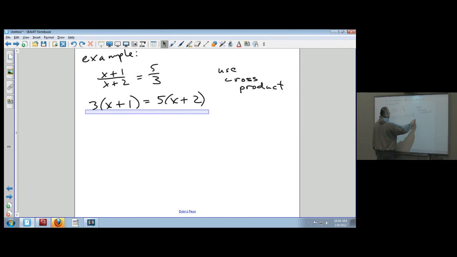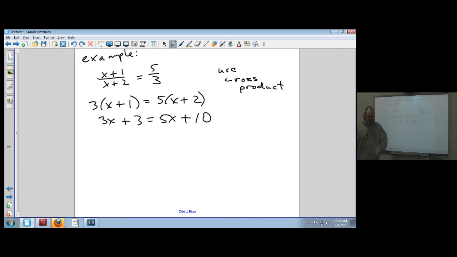Well, right here, ladies and gentlemen, we have no fractions. And then we clear parentheses, if you'll recall, from the steps. So let's take a look at this here. So cross products is just another way that we clear fractions. It's really the same thing that we've been doing. It's just a shortcut.